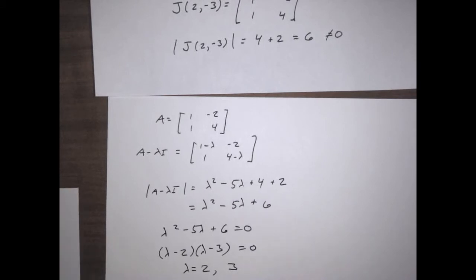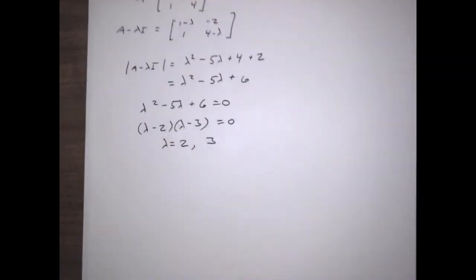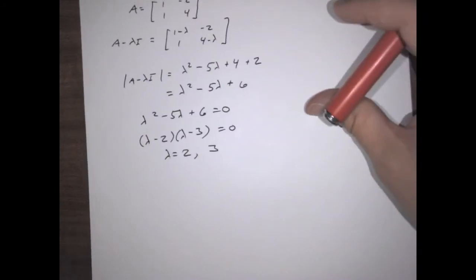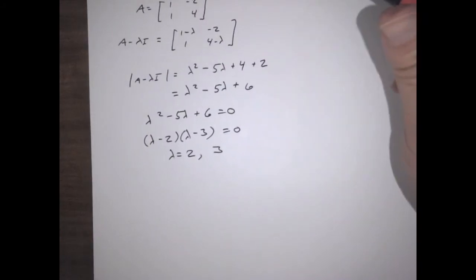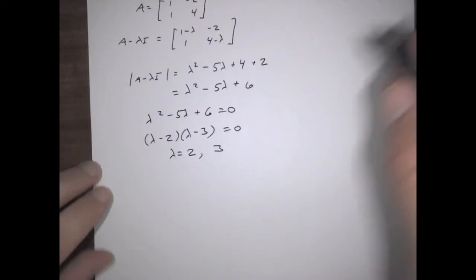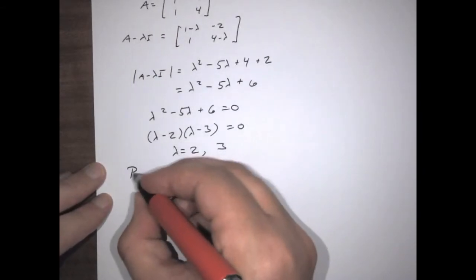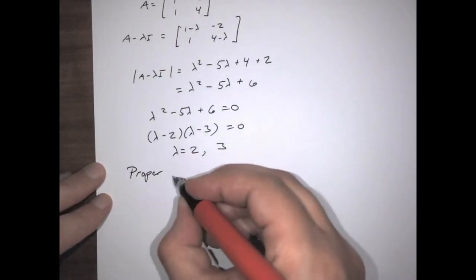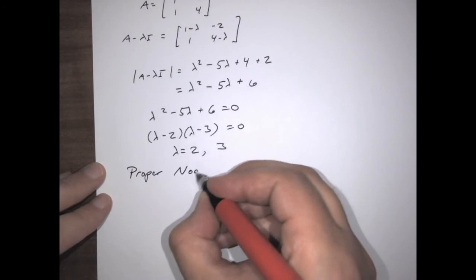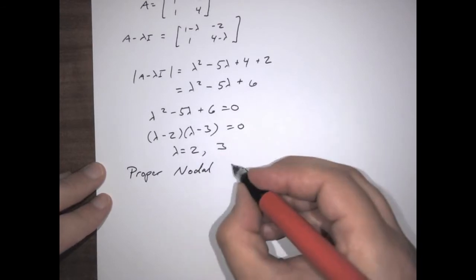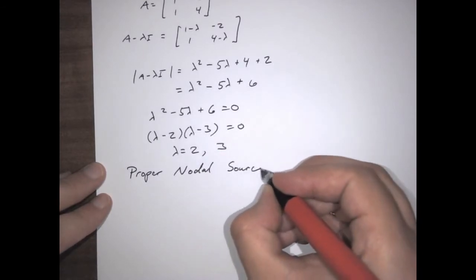Both positive, distinct, real eigenvalues, which implies that what we were talking about is going to have two distinct eigenvectors, and they're both going to be attached to weights that are going to grow exponentially, and so that means it is going to be a proper nodal source.